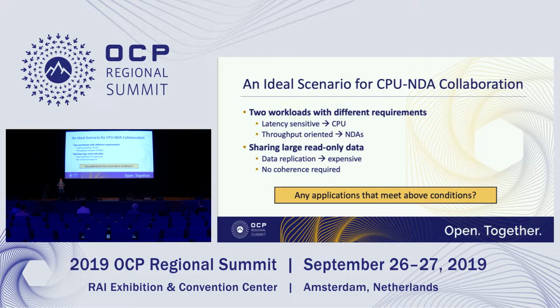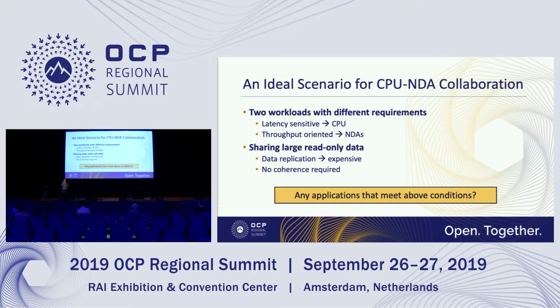The question I had is, what will be an ideal scenario for CPU and NDA collaboration? There can be many different answers, but one answer I came up with is this. First, there should be two types of workloads with different requirements. The first type will be latency-sensitive workloads, which will be a good fit for CPUs.